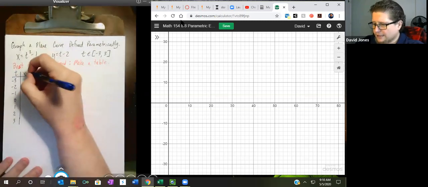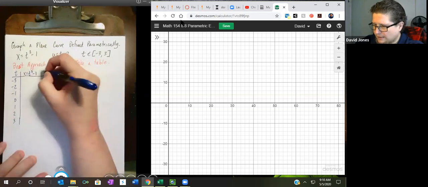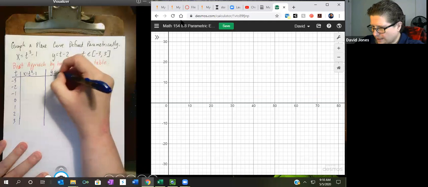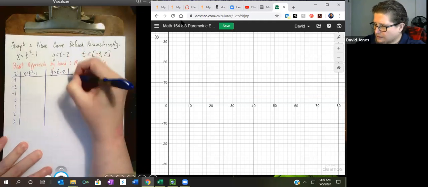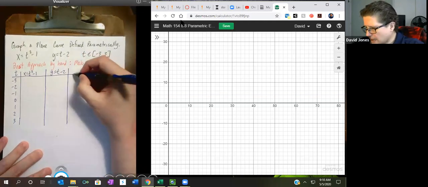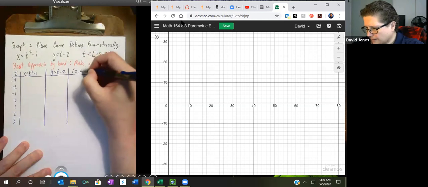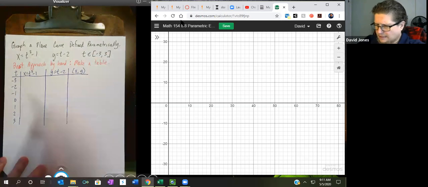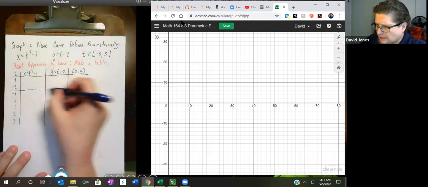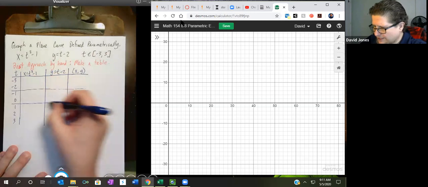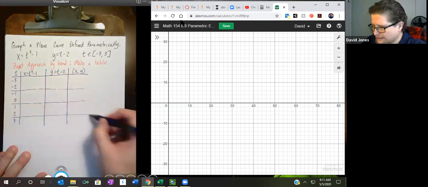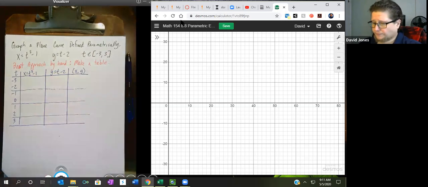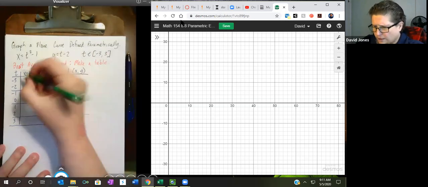Then we'll do x equals t squared minus 1, y equals t minus 2, and maybe we'll make a column for the ordered pair. That way it's easier to plot. I'm going to put little lines in every 2 so it's easier to read. So let's just go through it.